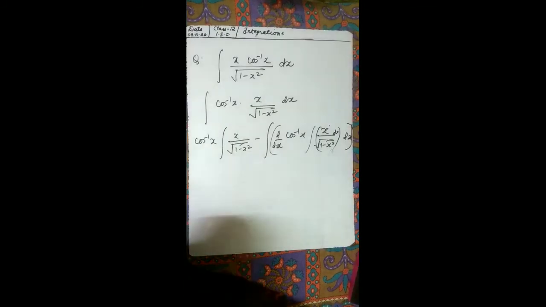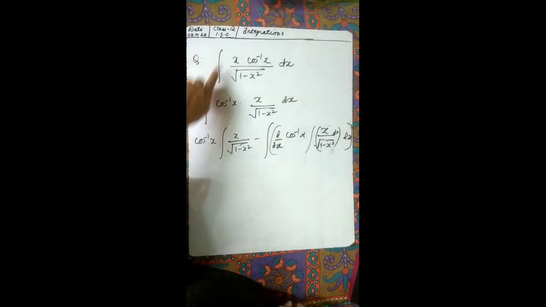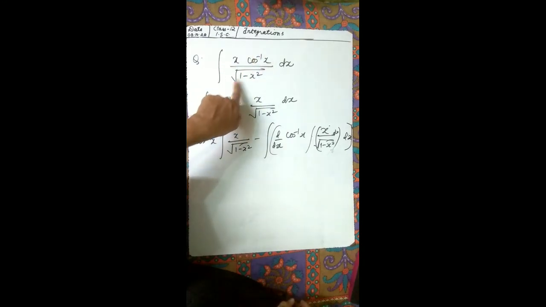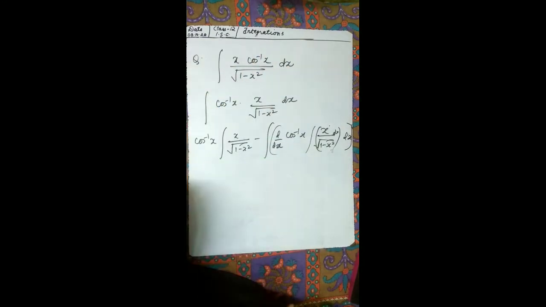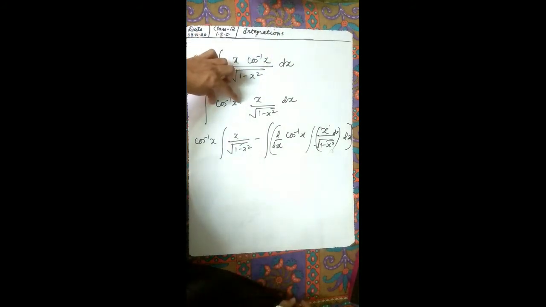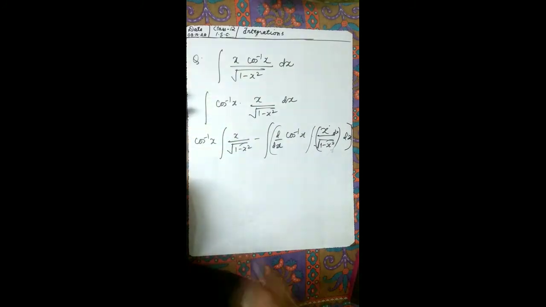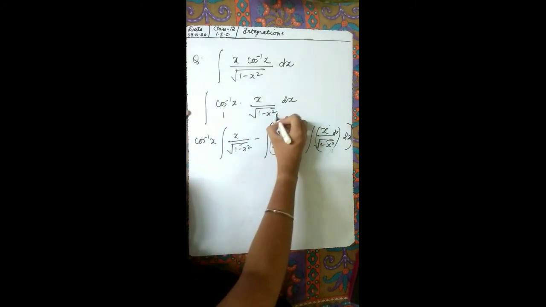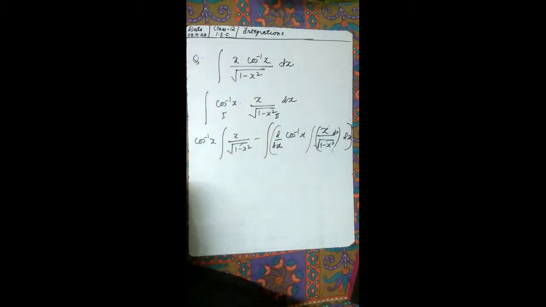Okay, now how to do this question? Integration of x cos inverse x upon under root 1 minus x square dx. You see, take the inverse trigonometric function as one and the algebraic function as the other. So this will be your first function and this will be your second function.